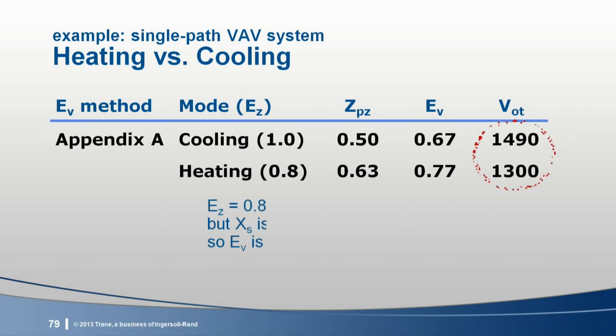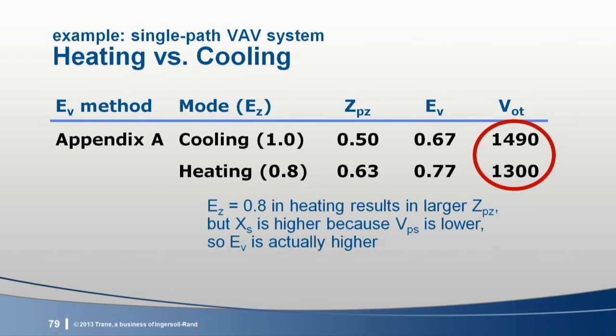So using Appendix A, we find that even though the zone outdoor fractions are higher, X sub S is also higher because the system primary airflow is lower. In our example, this results in a higher system ventilation efficiency and a lower intake airflow.